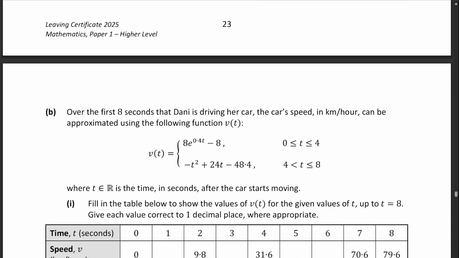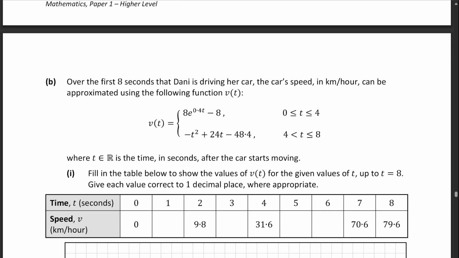However, over the first 8 seconds, oh yeah, the piecewise function, this is weird. So 8e to the power of, screwed up my calculator, 8e to the 0.4 by 1 minus 8. So that's 3.9. I'll just double check my calculations are correct. If I sub in 2, I'll get 9.8. That's fine.